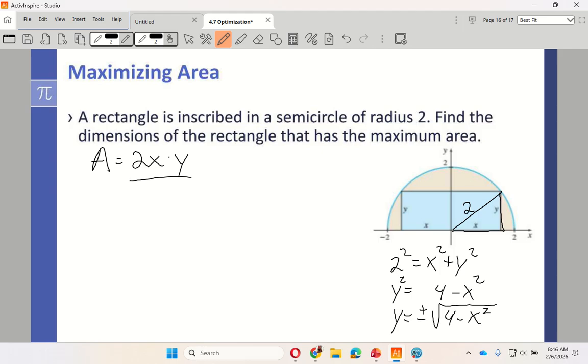Now, include the plus and minus always. Do we get to ignore that plus and minus though? Yes, we do, because the plus and minus would be both halves of this circle. The minus would be the lower portion of the circle. We're dealing with the top part, right? Okay, so there we go.